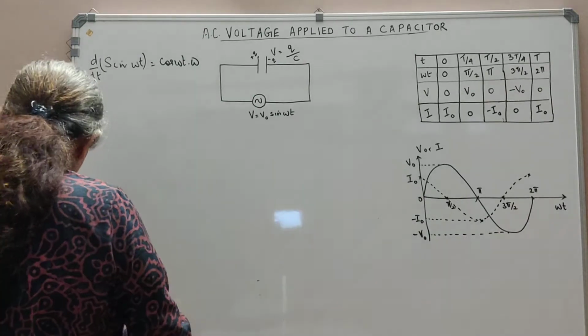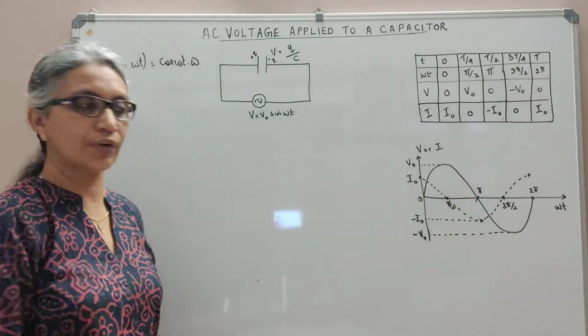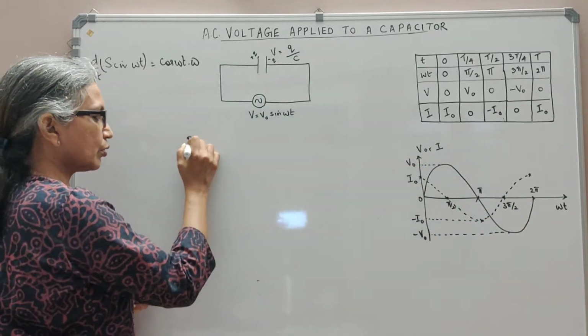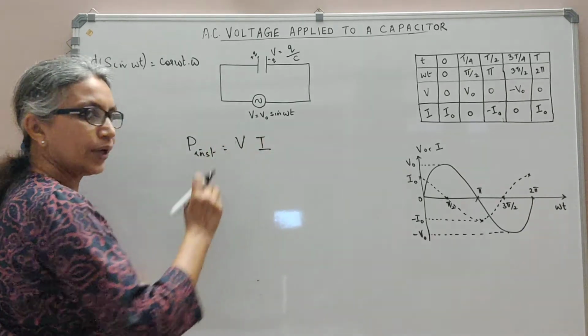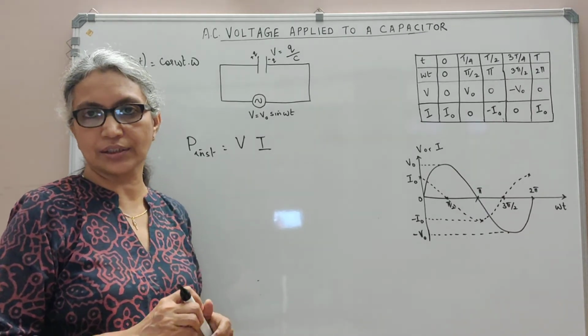So power dissipated at any instant. We are now going to find out the average power dissipated over one complete cycle. If you write an expression for the instantaneous power, this is V into I, where V is the instantaneous voltage and I is the instantaneous current.